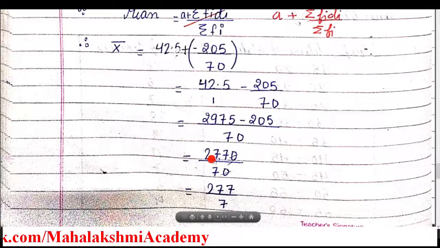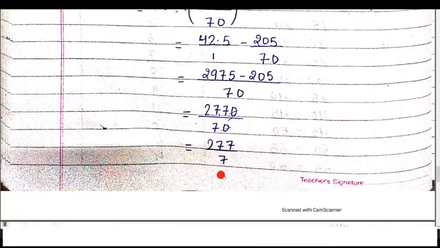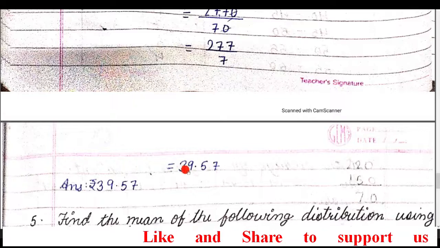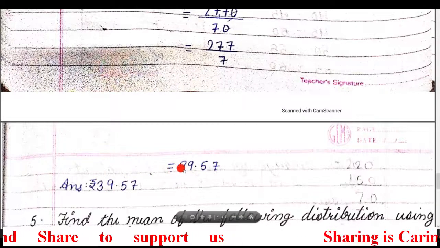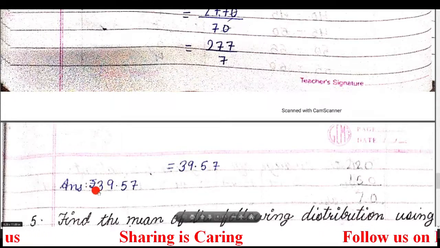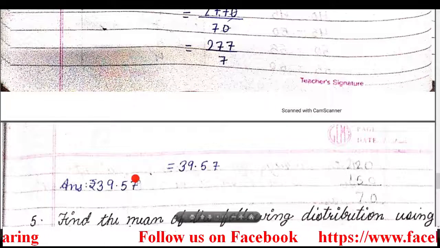That will give you the answer 2770 upon 70. Then I cancel 0 by 0 and finally divide them. After dividing, the answer came as 39.57. Since the unit is available in the question, rupees, the mean is rupees 39.57. Thank you.